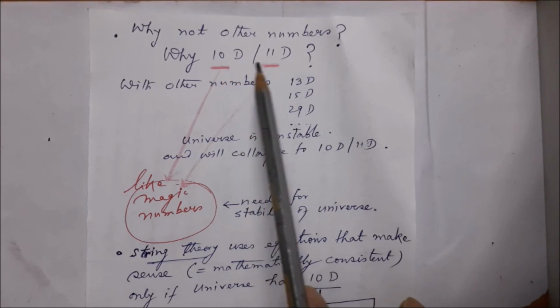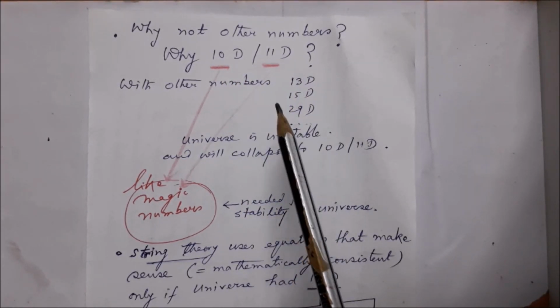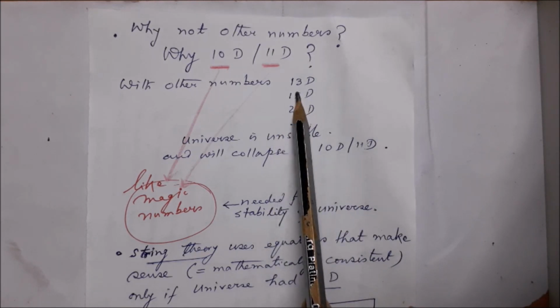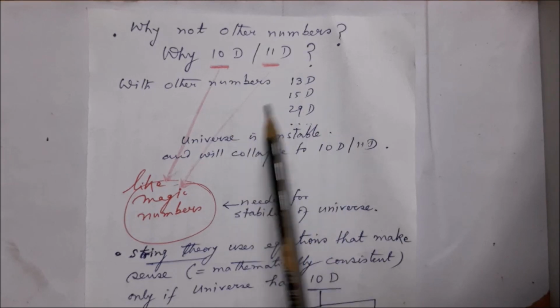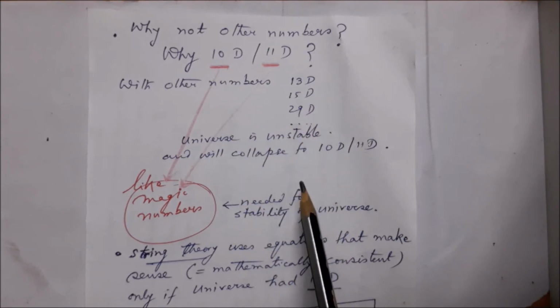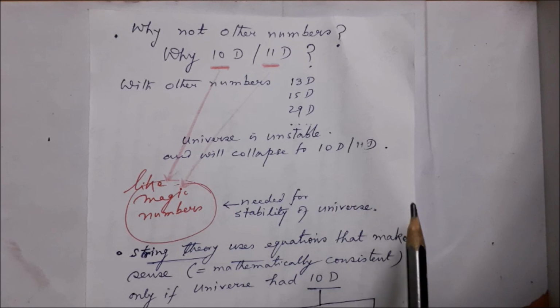Actually this 10 or 11 number is needed to get a stable universe as per this theory. Even if the universe starts with say 13 dimensions, it collapses to 10 or 11 dimensions. So the stability of the universe decides its dimension, and this is quite a believable and convincing logic.